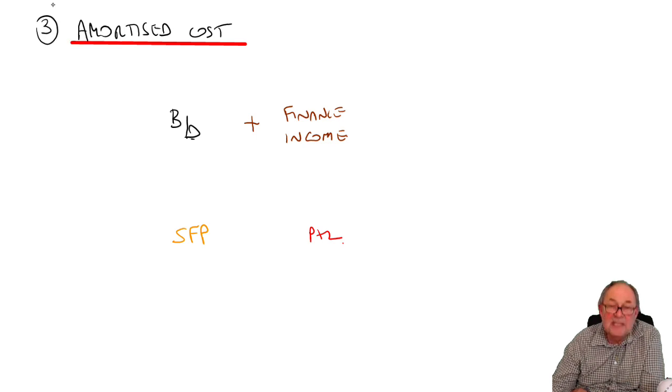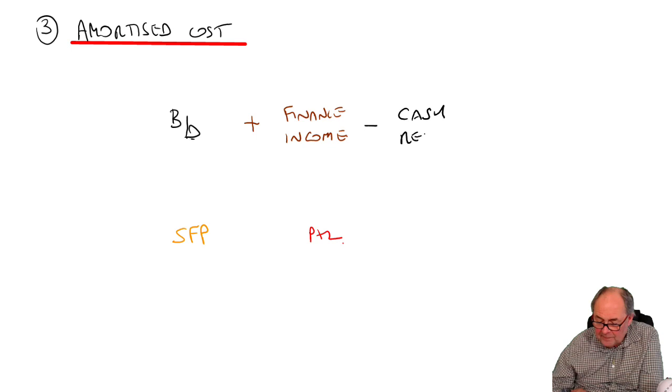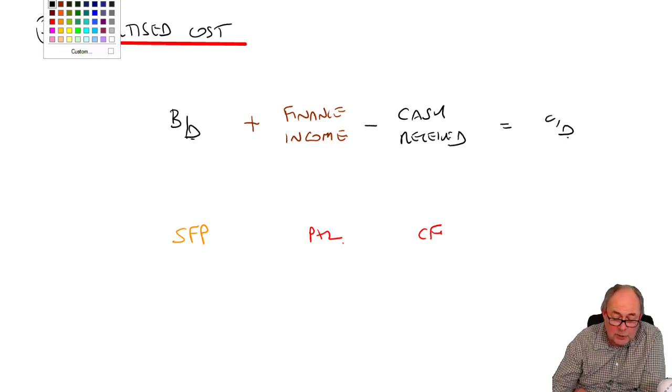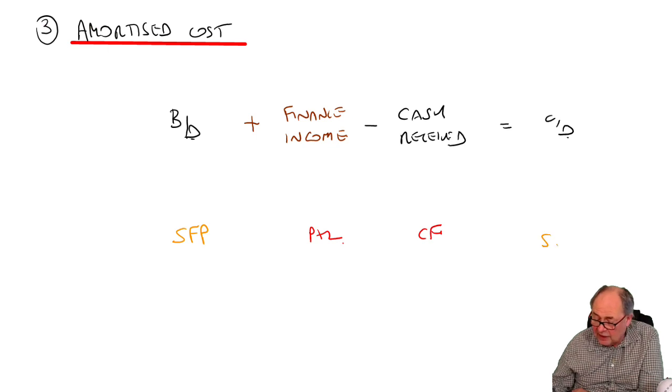You then deduct any cash received from the lender. That's the figure that would go in the cash flow. And finally, right at the end, you get to the carried down figure, which would be the figure in the closing balance sheet.